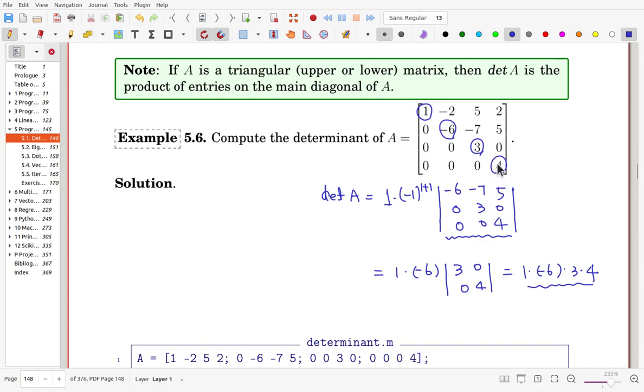Now, suppose one of them is 0, for example, this is 0 rather than 4. Then the product will be 0, so the determinant will be 0. And then, of course, because this is 0 and there are only 3 pivots, it is not invertible.